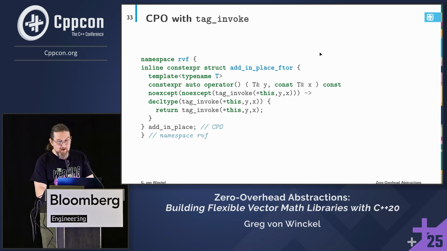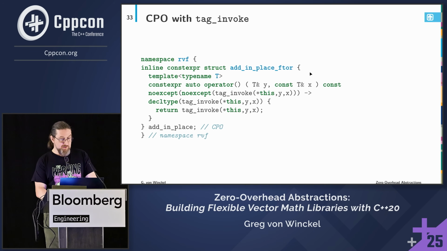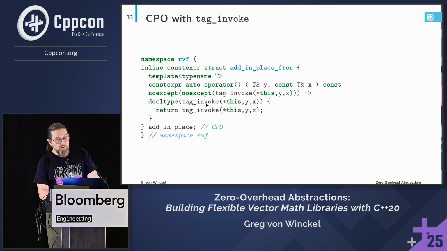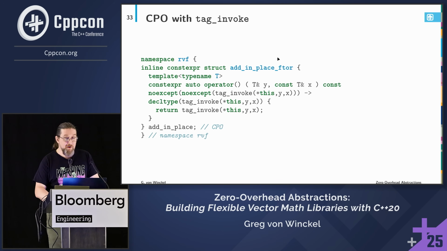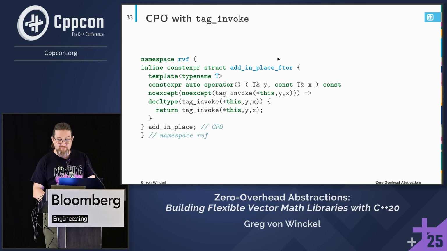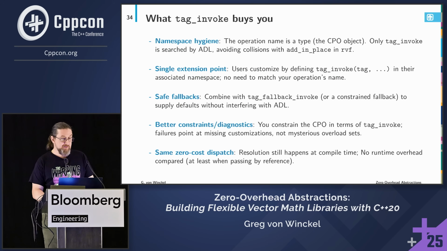So in this case, we have our add in place functor, and then this thing would then dispatch to a tag invoke where the first argument is an object of this add in place functor type. And then the user would be responsible for defining this implementation.